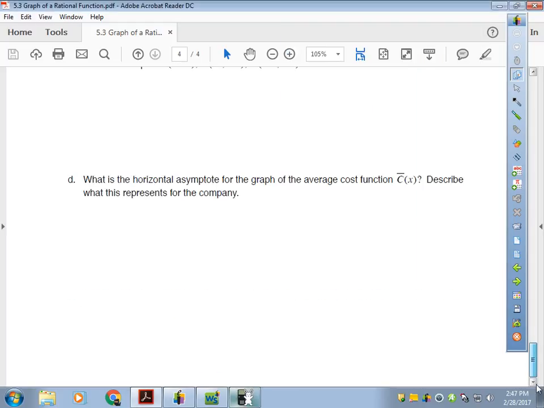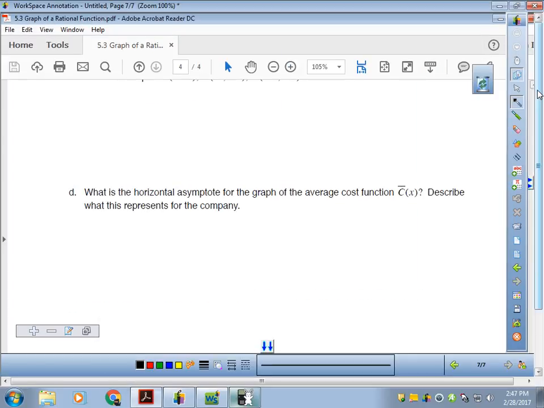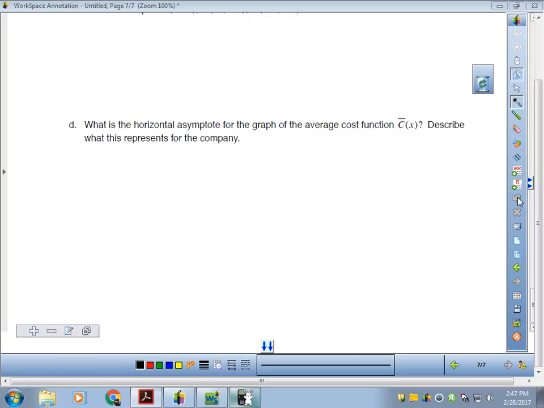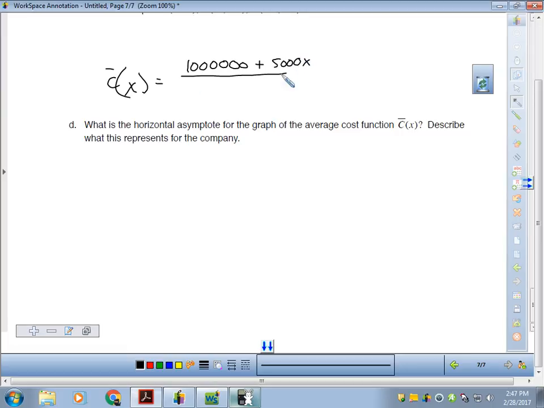Alright. And then we have one last part to this problem. Part D asks us, what is the horizontal asymptote for the graph of the average cost, C bar of x? Describe what this represents for the company. Remember, C bar of x is this function, 1 million plus 5,000 x all over x. We want to find the horizontal asymptote, so I'm going to divide everything by x. So 1 million divided by x plus 5,000x divided by x over x divided by x.